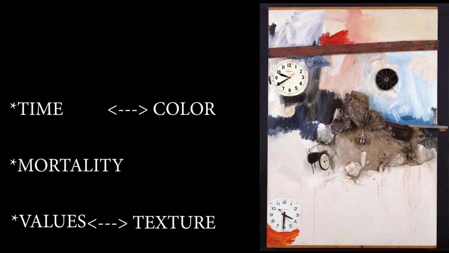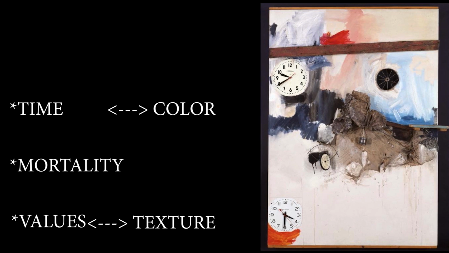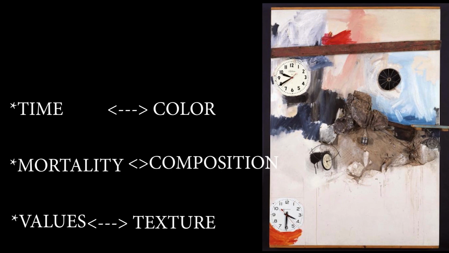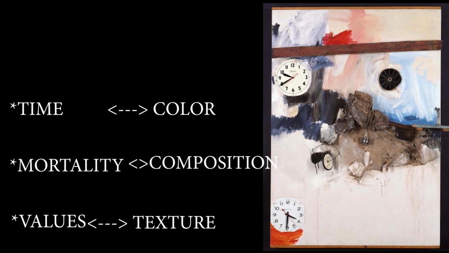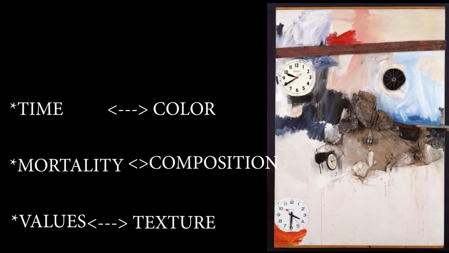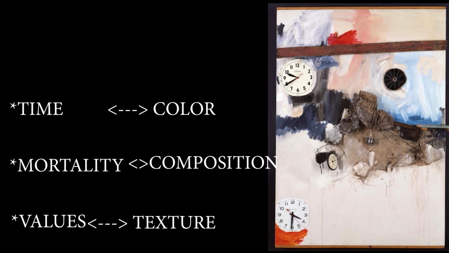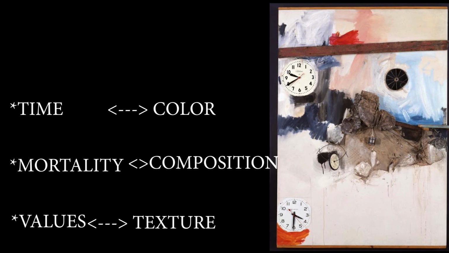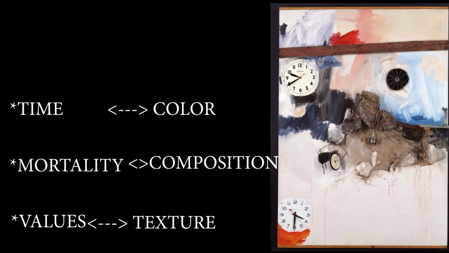And the colors that are used, as we saw before, allude to something that is time-based, like a sunset. And then on top, we have the composition, which is throwing us off balance, not allowing us to feel comfortable, keeping us on edge at all times.